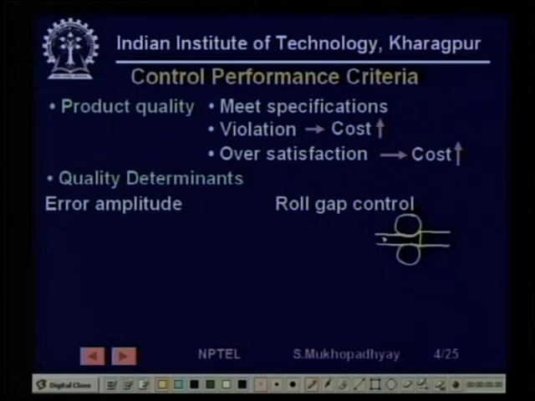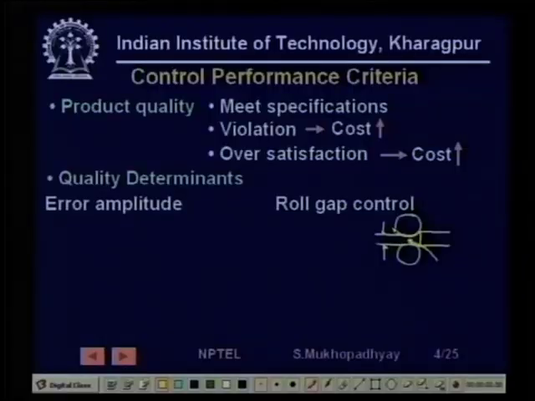Now, obviously you would like to strictly control the diameter of your finished product, which depends on so many things. For example, it crucially depends on the roll gap. You always state that your product is going to have a thickness within some plus minus limits.